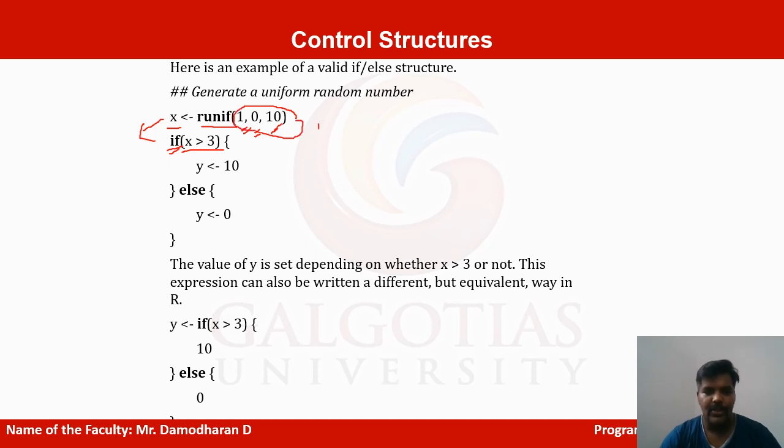If the condition is true, the y value is loaded and assigned 10, so now y is 10. Else, the y value is 0. So based on the x value, we assign the y value.